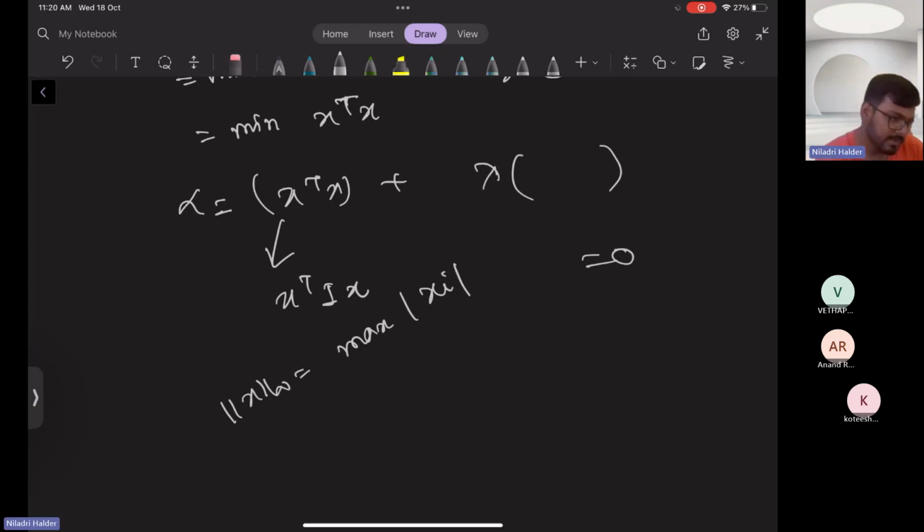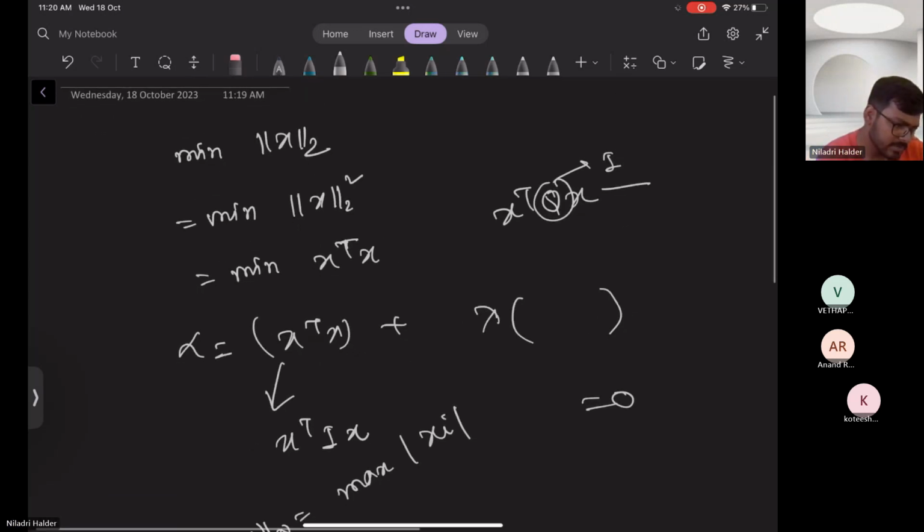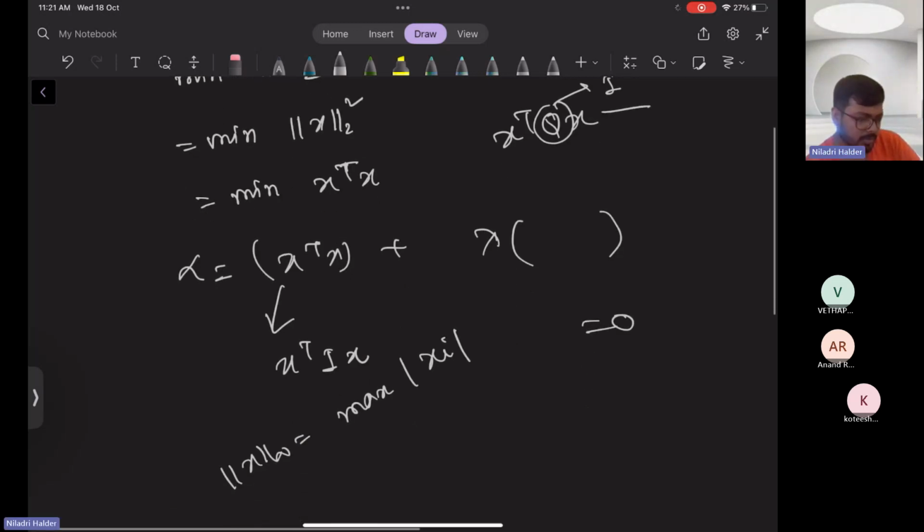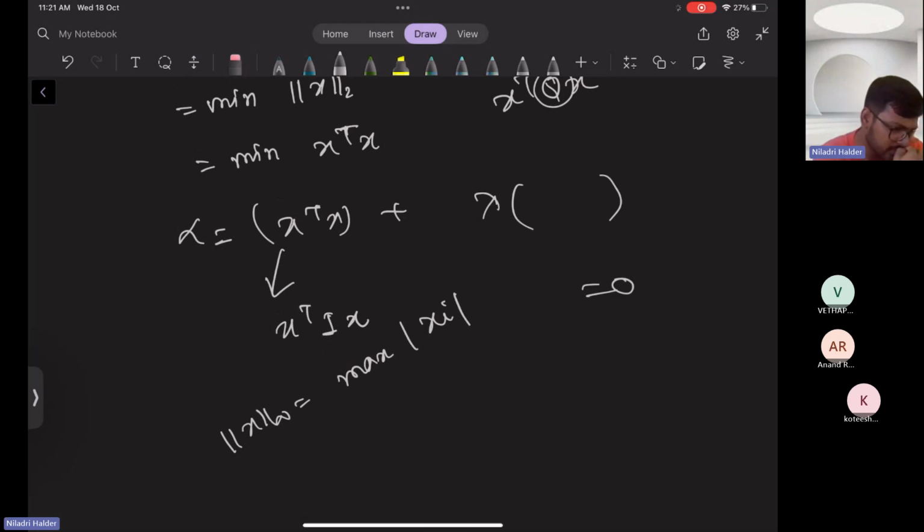In this way you can't solve it. Correct, the maximum is mod of xi. So you can't differentiate mod of xi, but another way you need to check it. You need to find out this infinite norm.